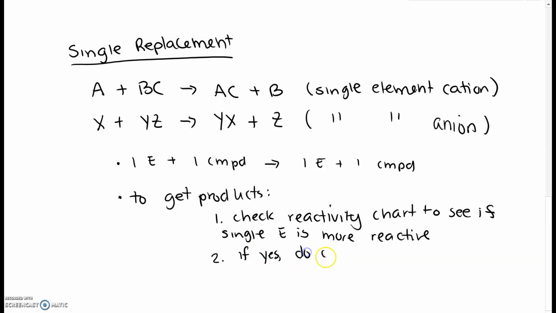you're going to do crisscross between the single element and the other ion and write what was kicked off by itself, checking if it's diatomic.